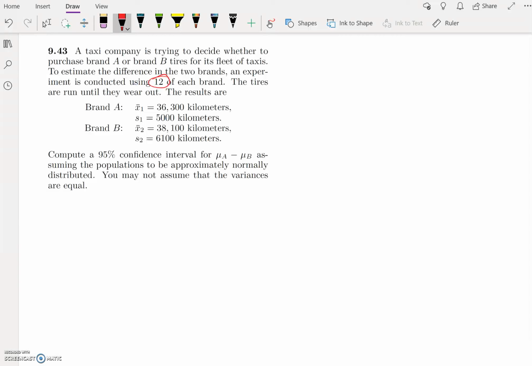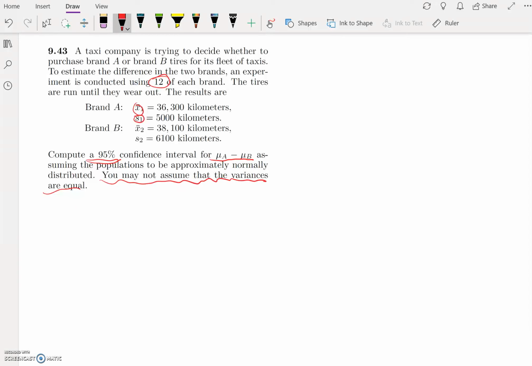The results are here. Here we have the mean and the standard deviation for the samples. What we want is to compute a 95% confidence interval for mu A minus mu B, assuming the population to be approximately normally distributed. You may not assume that the variances are equal.